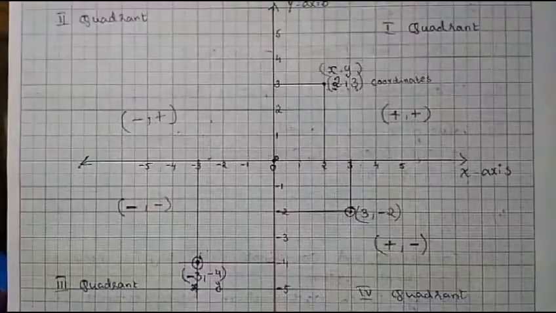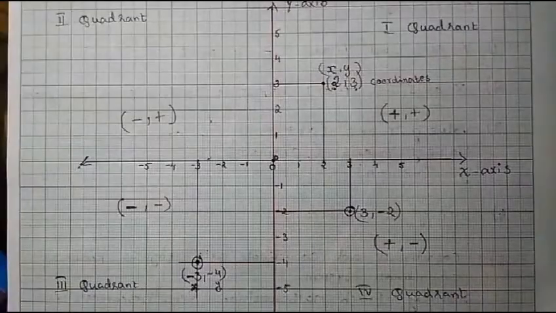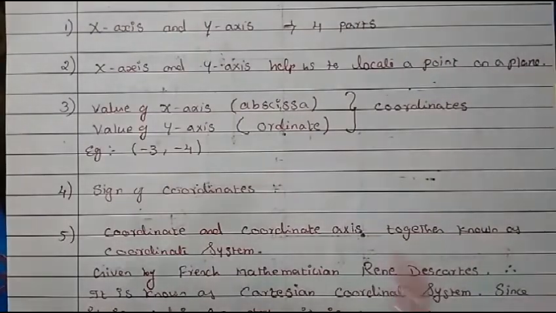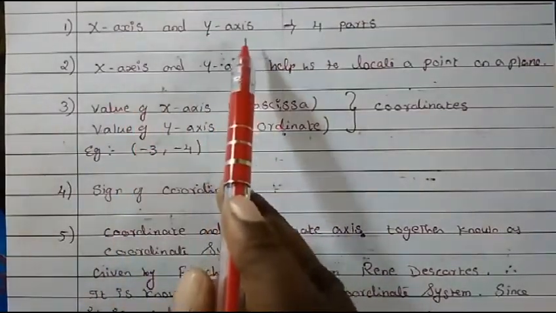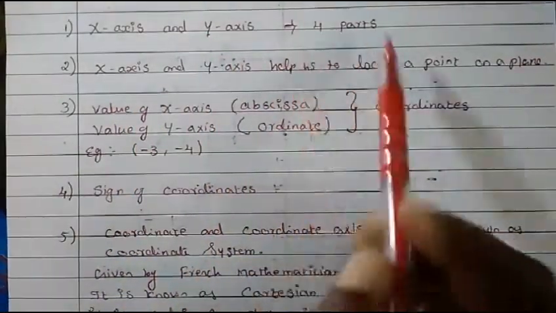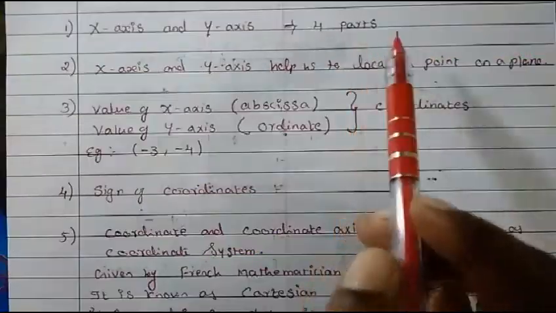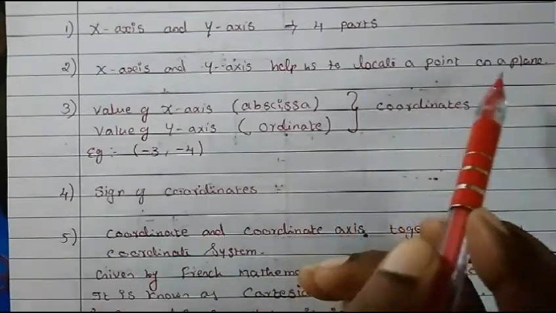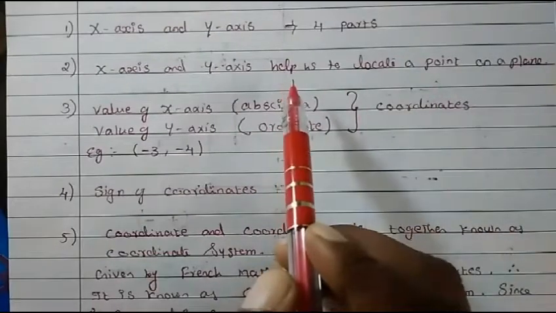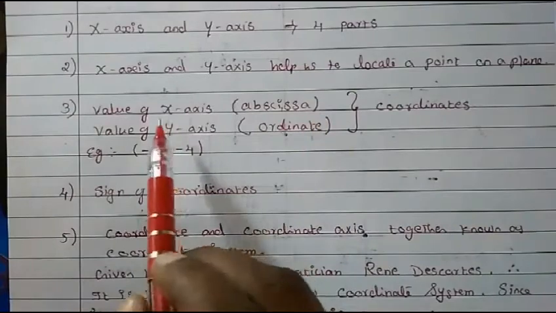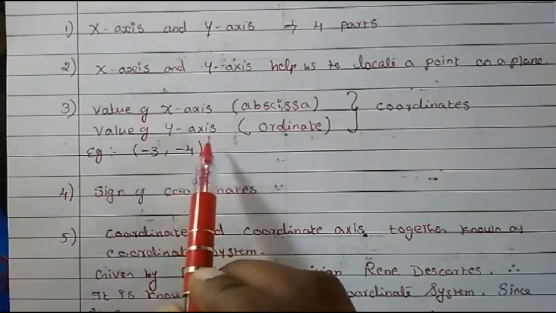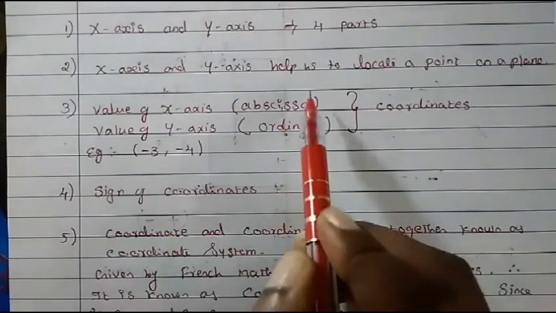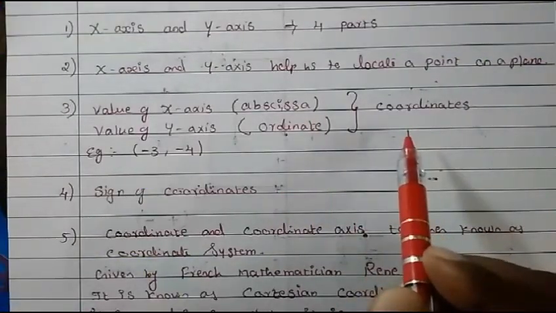Now we come to the point of how this name, coordinate geometry, came to be. You studied what the x-axis and y-axis are, and that they divide the plane into 4 parts: first quadrant, second quadrant, third quadrant, fourth quadrant. The x-axis and y-axis help us to locate a point on the plane. We studied the value of x and value of y, also known as abscissa and ordinate, and both together are called coordinates.